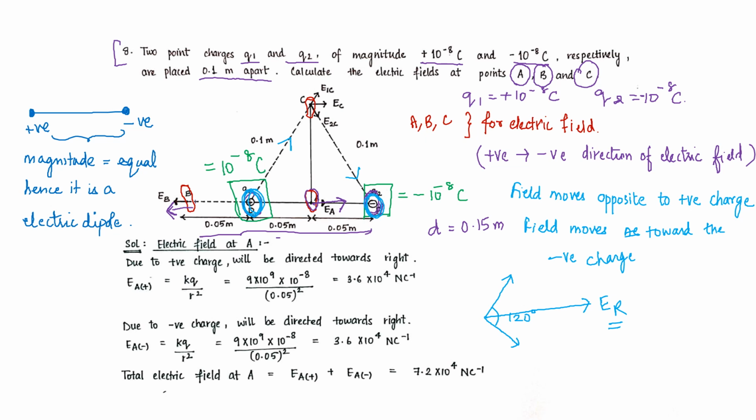Hopefully you have understood the diagram. Now we will move towards the solution. Follow up the reading. This is our solution. So first of all, electric field at A. The electric field at A, due to the positive charge, will be directed towards the right, because we have a positive charge here, fields will go in this direction.